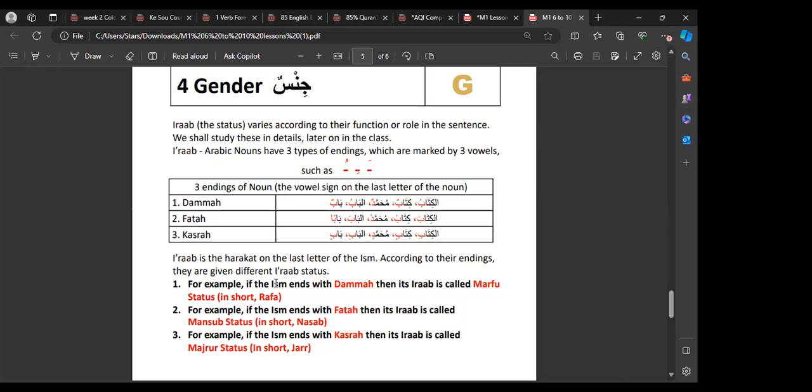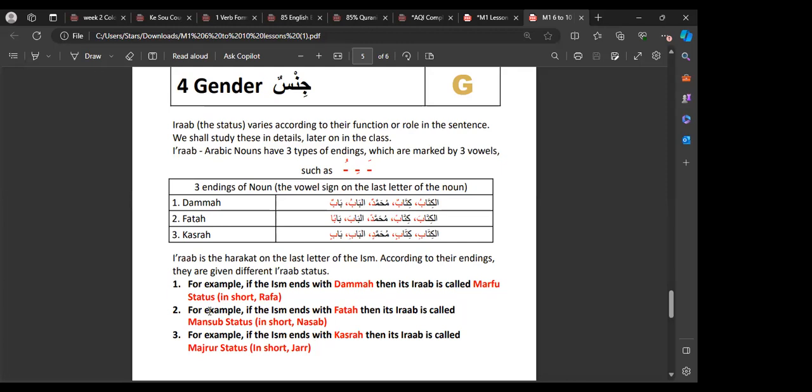So just like earlier we said that there's two genders, we have masculine and feminine words, just treat it like that. You have masculine and feminine categories, and then you also have these other three categories: marfu, mansub, and majroor. The individual meanings will complicate things as much as you think they won't.